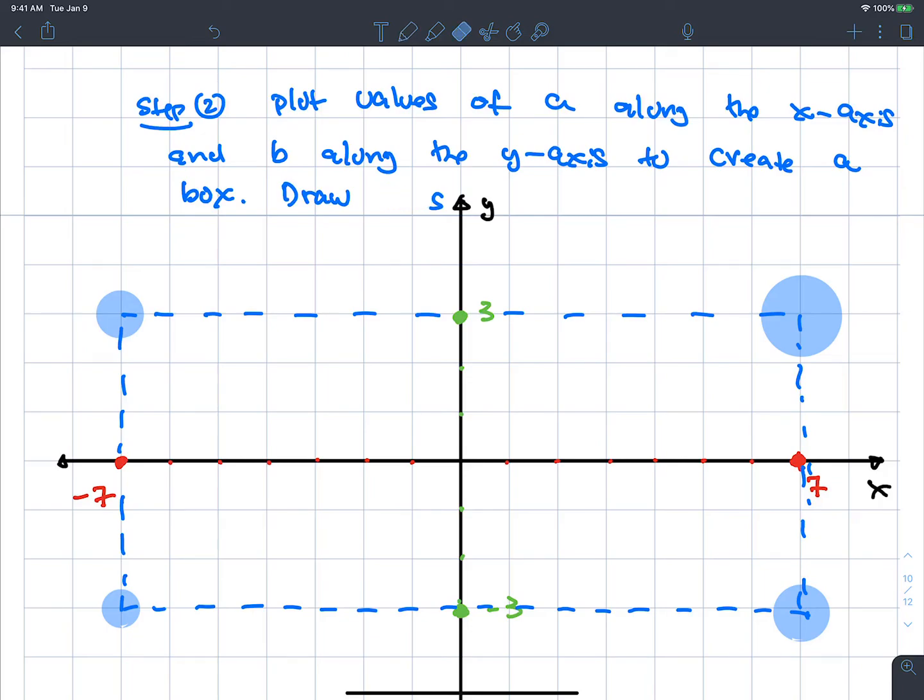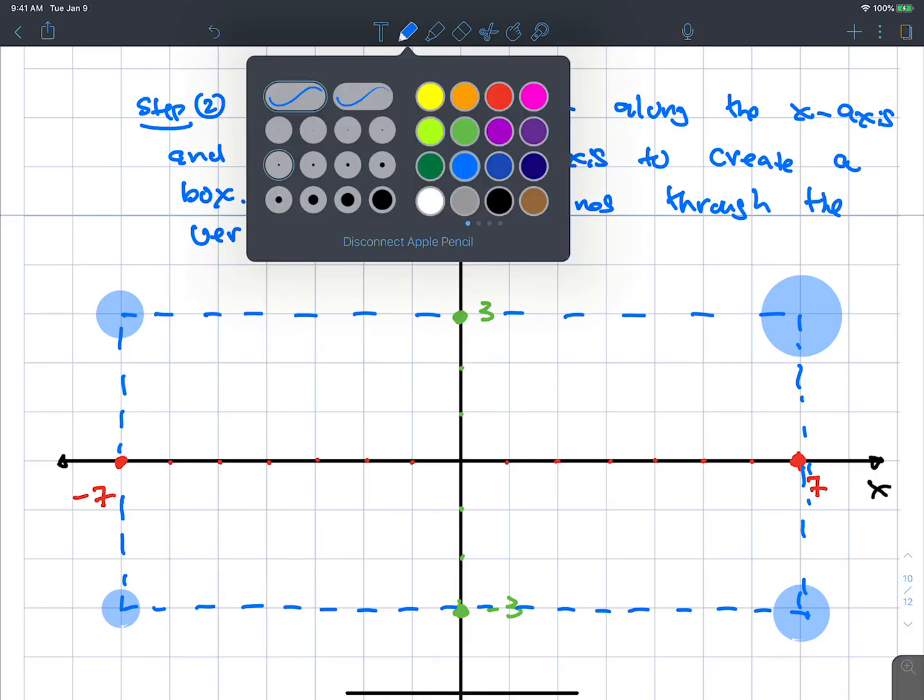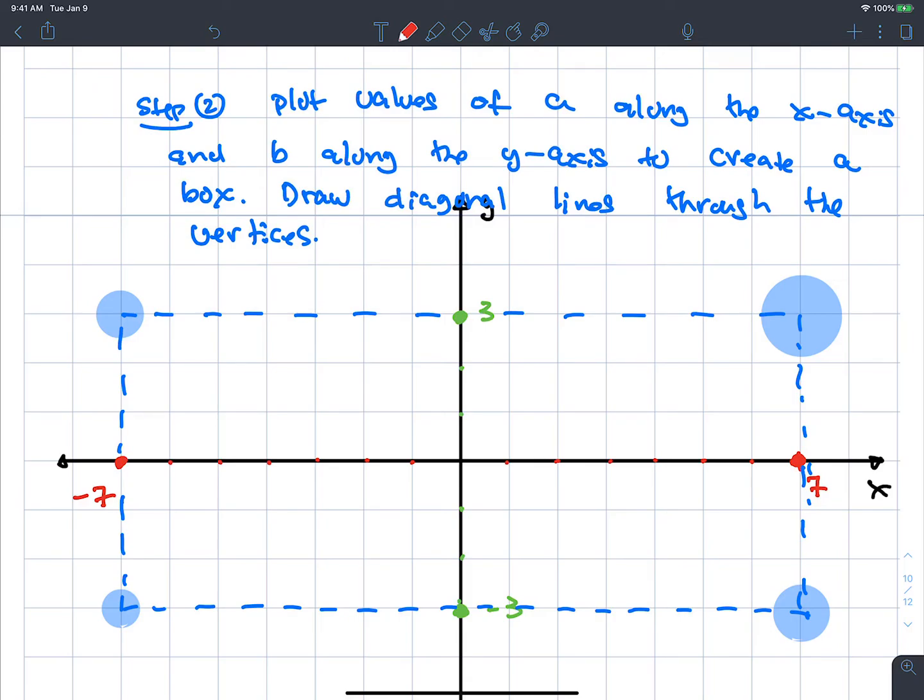They should be diagonal lines through the vertices, the edges, and I'm going to do that in red. It has to go through the origin too. So here's my origin. So there's the point, the edges, and the origin. We're going to draw these diagonal lines here. This is the process.